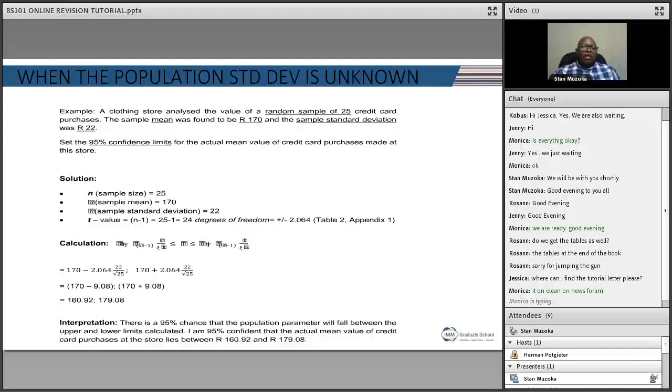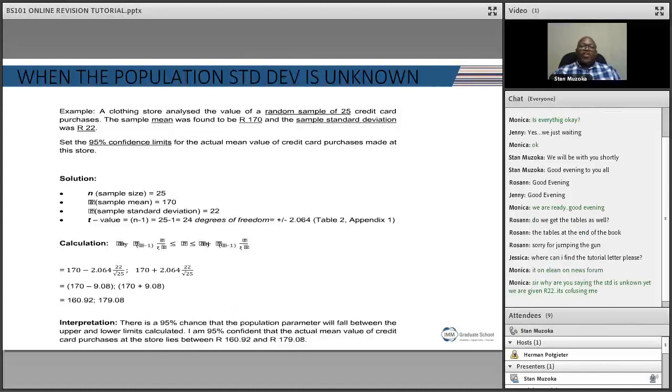Sample mean is 170. We've been told that from the scenario given, and our sample standard deviation s is 22, and the T value is also going to be given to you as a critical value in your scenario. So you will not have a need to look it up in the tables.